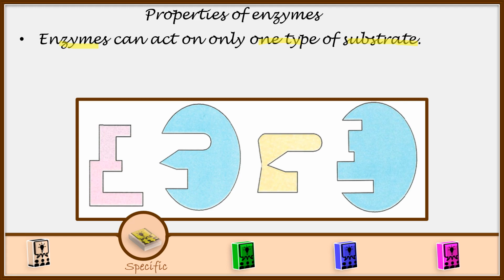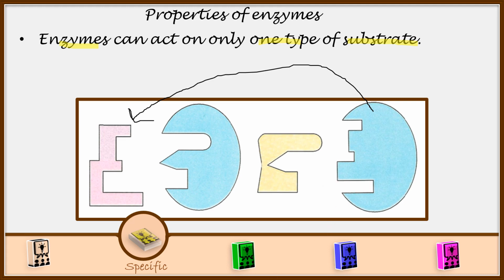But if you look at this enzyme here, it can work on this substrate. This substrate can fit into this enzyme. If you look at the shape of the substrate, you can see that it can enter into this enzyme.